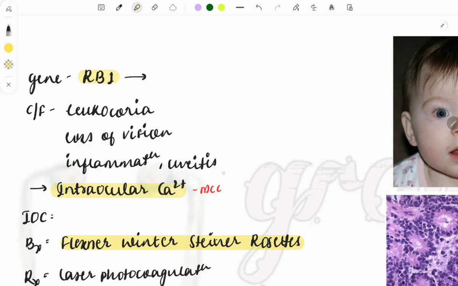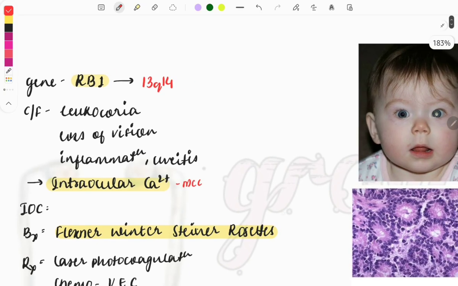This is the main gene which is mutated, and questions are also asked on the exact location of this RB gene. It is located on the 13th chromosome, long arm, 13q14. So this is the exact place where the retinoblastoma 1 gene is seen.